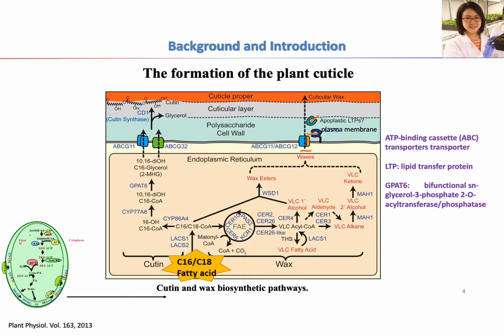Plastid-generated carbon-16 and carbon-18 fatty acids form the carbon-16 and carbon-18-CoA in the ER. Carbon-16 and carbon-18-CoA will be converted to the cutin and wax precursors, and these precursors will be modified and exported from the ER, move across the plasma membrane and the cell wall, and finally be deposited into the cuticle layer.